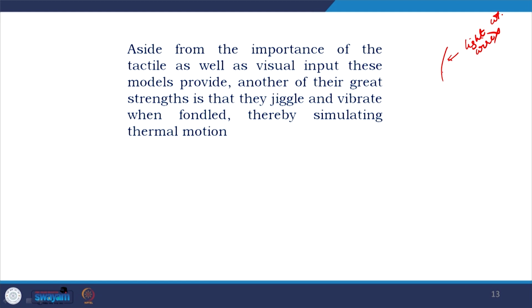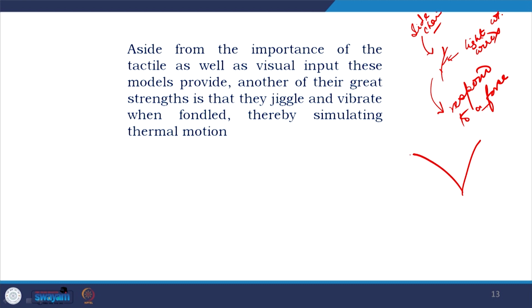Depending on how the side chains are, they respond to a force. Suppose this is one branch and that is the other.